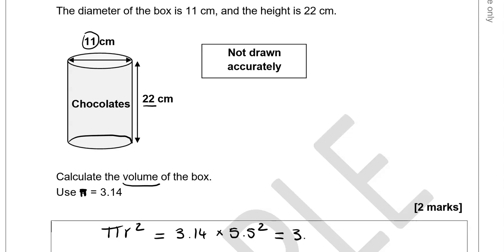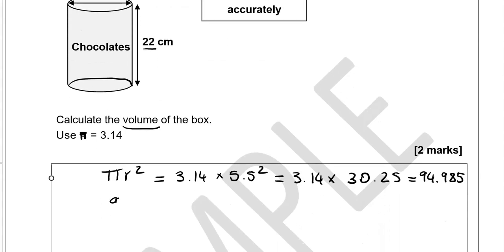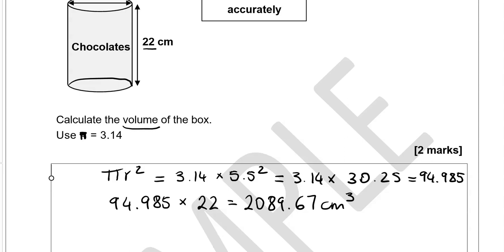So this is 3.14 times 30.25, which is equal to 94.985. So we've got the area of the base. Now we're going to multiply it by the height. So we're going to do 94.985 times 22 gives us 2089.67 centimeters cubed.